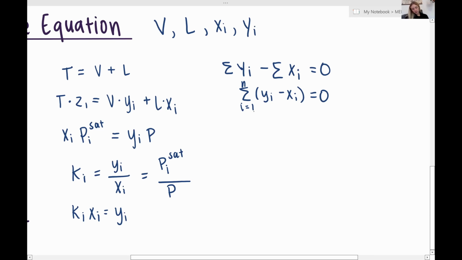Then we can go ahead and plug that in. I'm going to leave the summation symbol off for now. But we'll have ki times xi minus xi. And we can go ahead and factor out those xi's just to make it look a little nicer. We'll have ki minus 1.